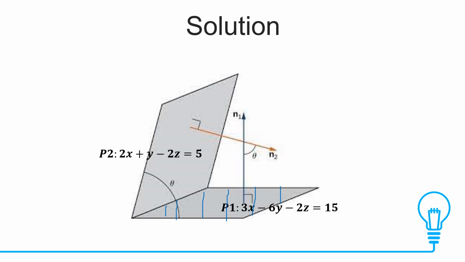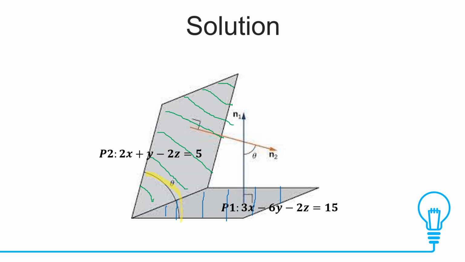And you have another plane P2 with the equation 2x plus y minus 2z equal to 5. And you need to determine the angle between the two planes. Let's say the angle is theta.